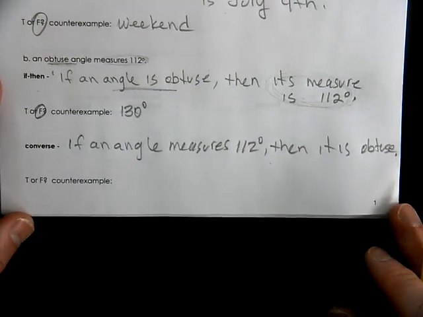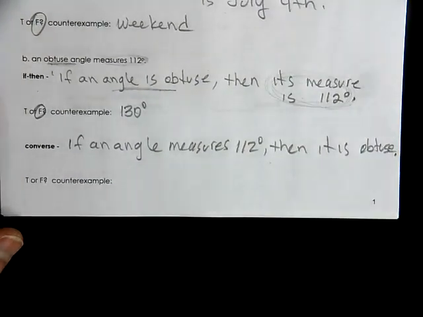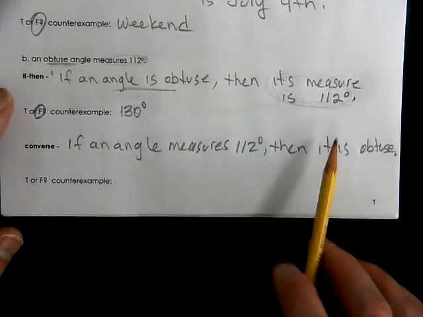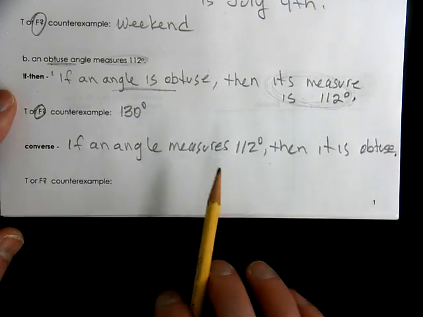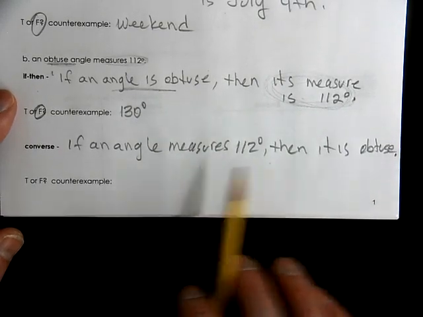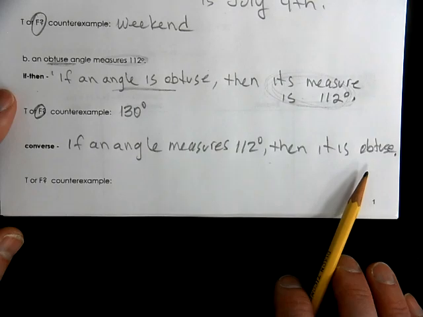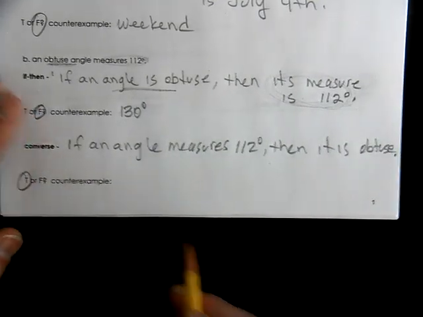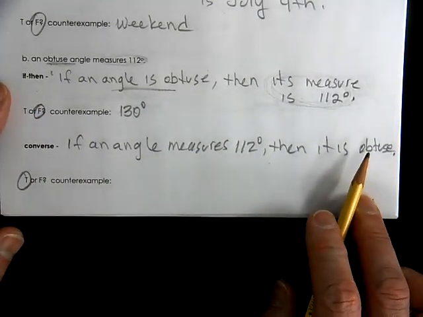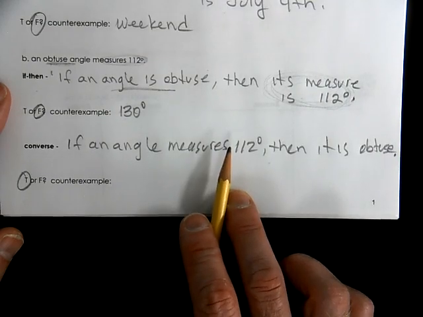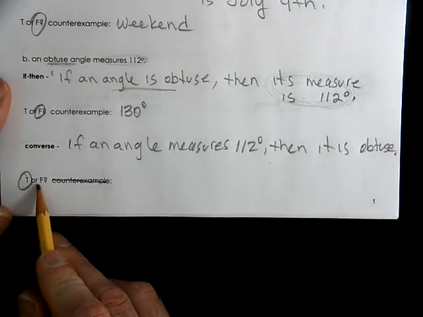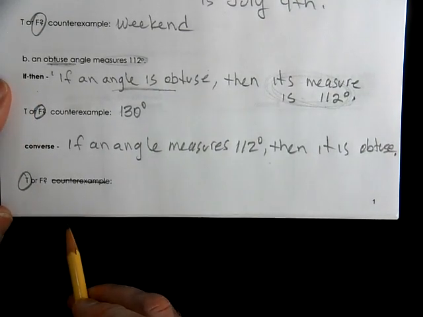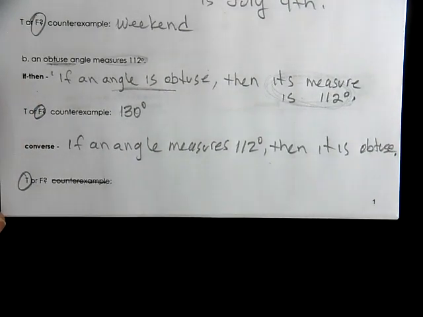Is that true or false? Can you be something other than obtuse if you're 112? 112 happens. Are you always obtuse? And the answer is yes. That is always true for this situation. So there is no counterexample. If false, do a counterexample. Good job.